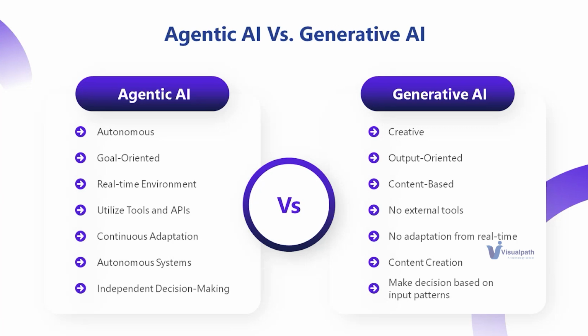So there is no real-time response and no adaptation from real-time services like web search. They are more about content creation, and they make decisions based on input patterns. As I said, based on your input document, the context is drawn and the LLM produces a response. So these are the basic differences between how an agentic AI system works and how a generative AI system works.